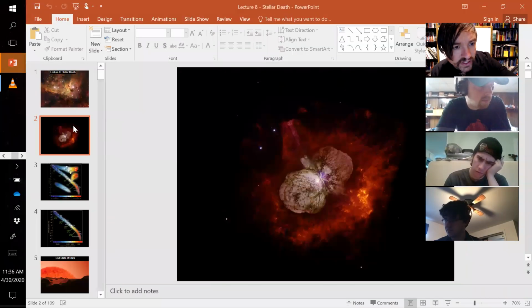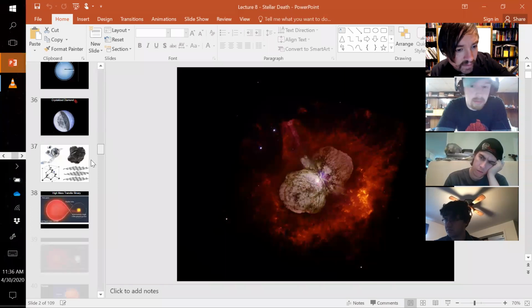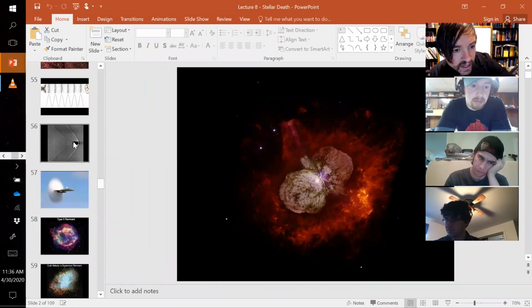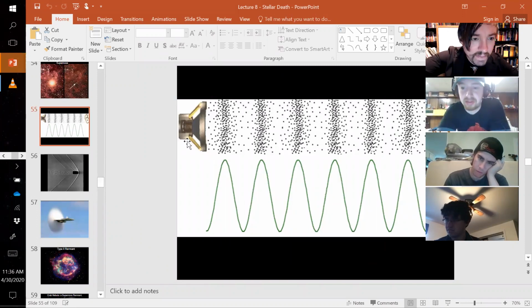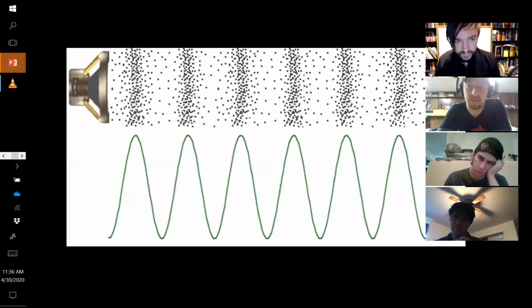Somewhere in this slideshow, I don't know why I'm jumping into this right now, but I just feel like it. Here's a little diagram showing you a mock picture of how sound waves work, how you're able to hear my lecture today.